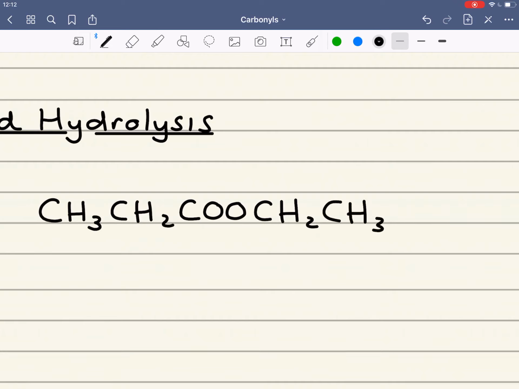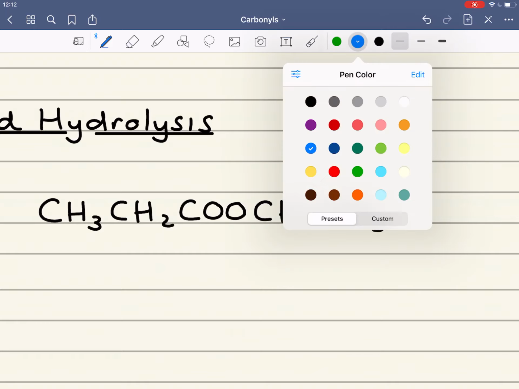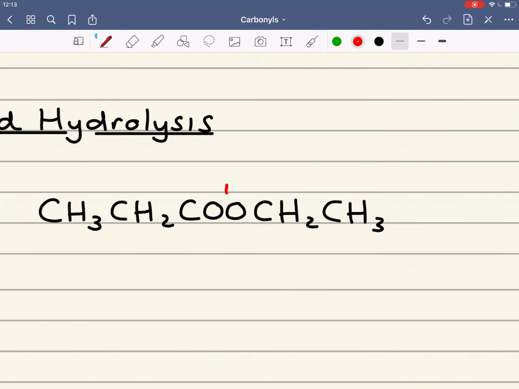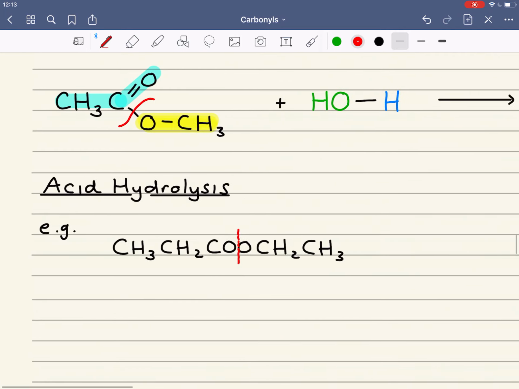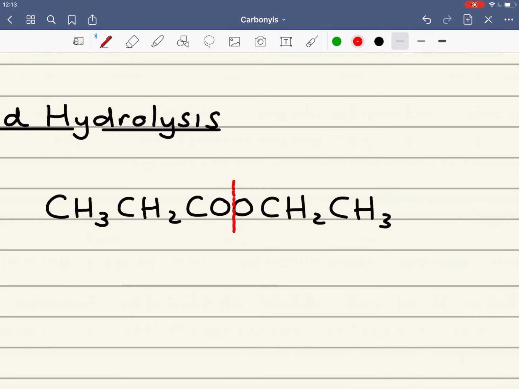So again, the bond that we are breaking is this bond here. The bond between the carbon and the oxygen, this carbon single bond oxygen, which in the structural formula is between the two oxygens. This part of the ester is going to be used to form the alcohol. This part of the ester is going to be used to form the carboxylic acid.